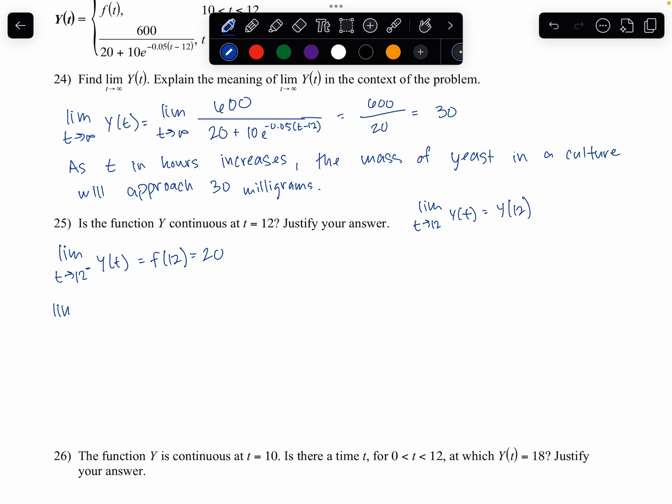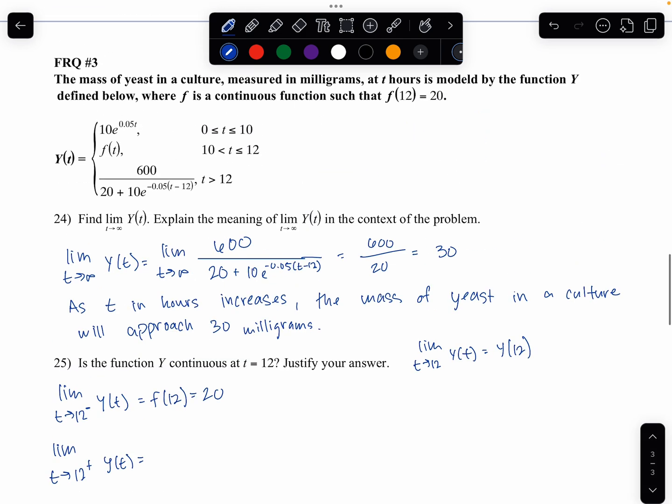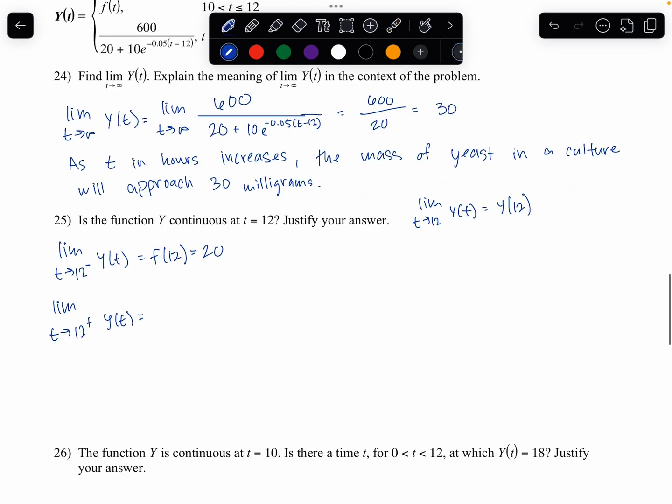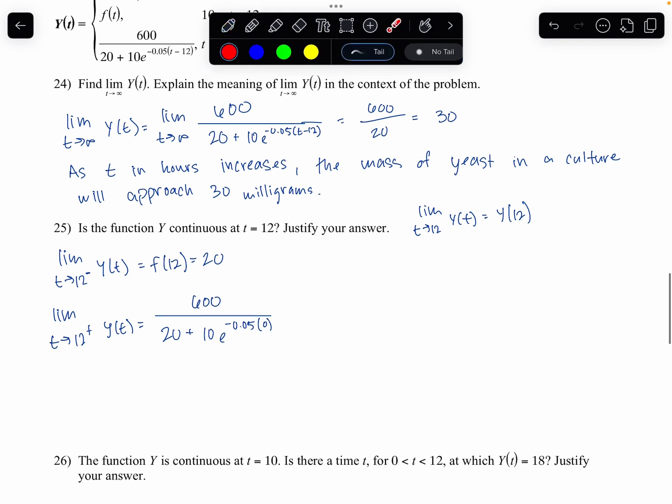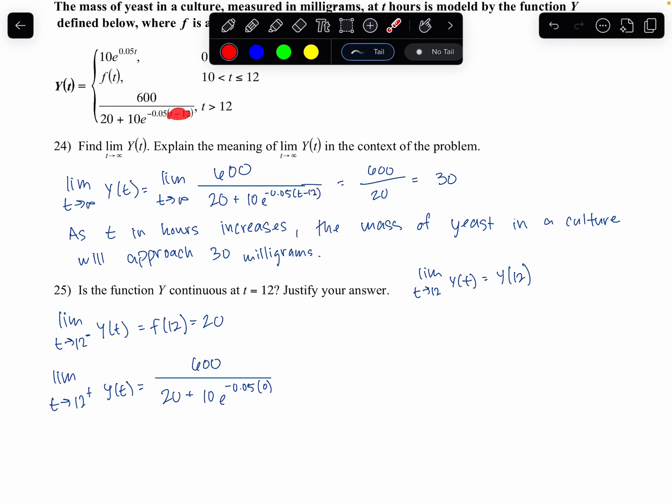Now we need to show the limit as t approaches 12 from the right side of y of t. We're going to plug 12 in here. That's going to be equal to 600 over 20 plus 10 e to the negative 0.05 times 0, because if I plug in 12 here, that becomes 0.